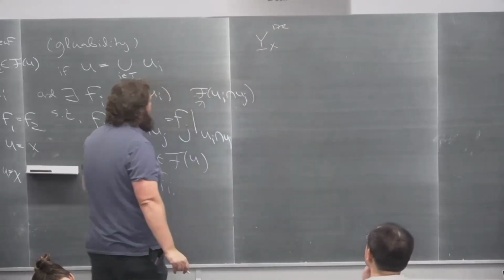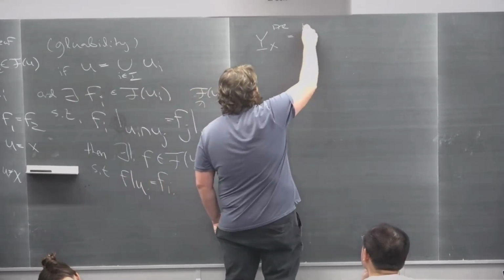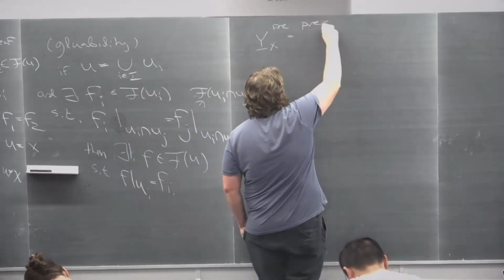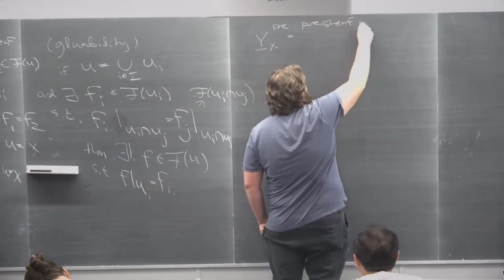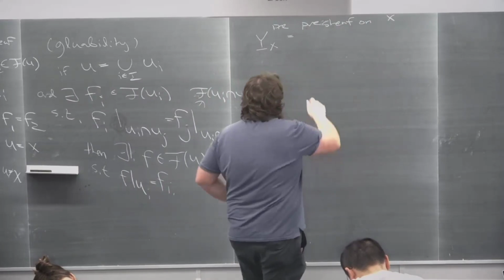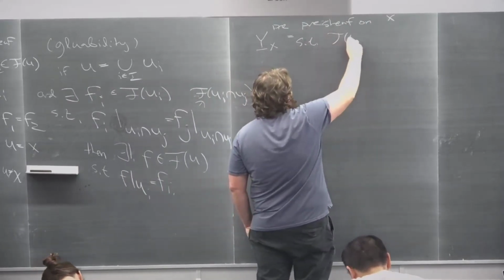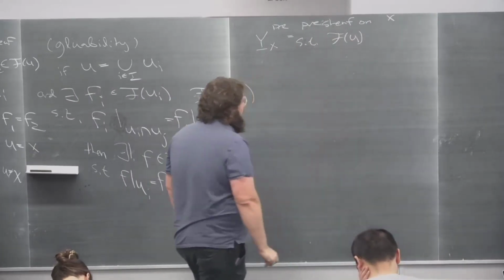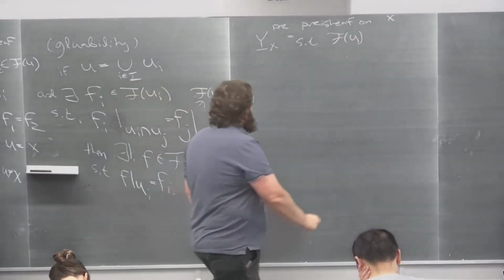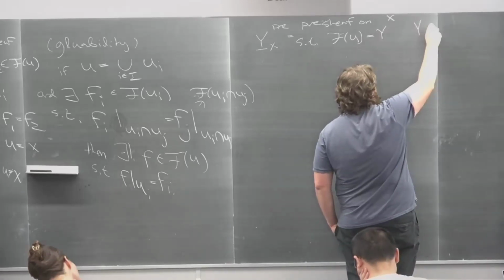We put all this sort of horrible notation on here. What does this mean? This is the pre-sheaf on X such that if I apply this to any open subset, I get Y, for Y some set.